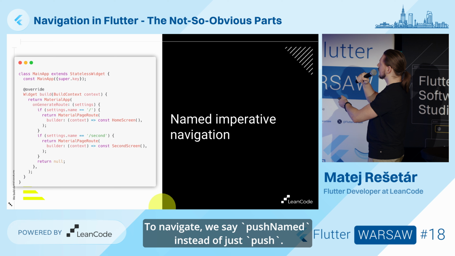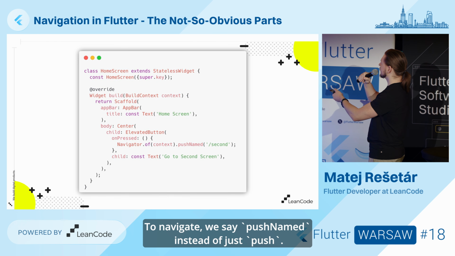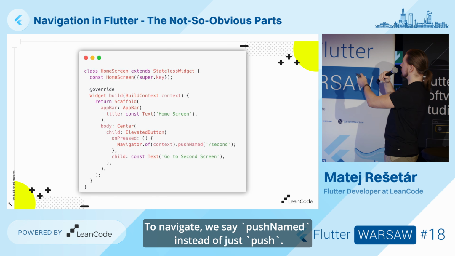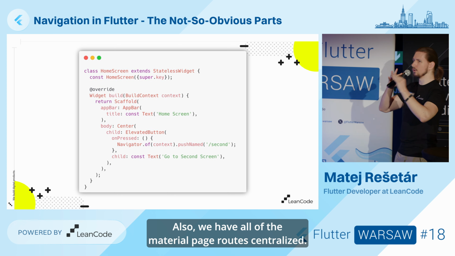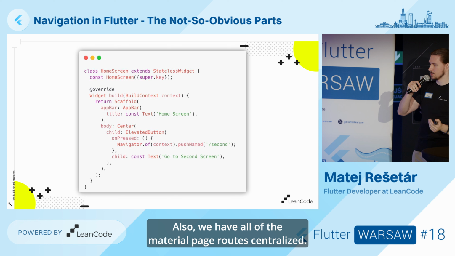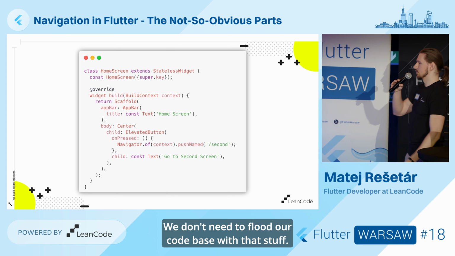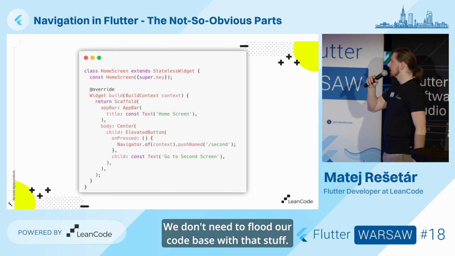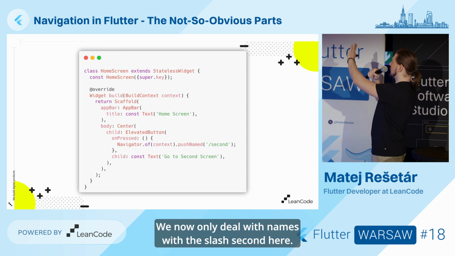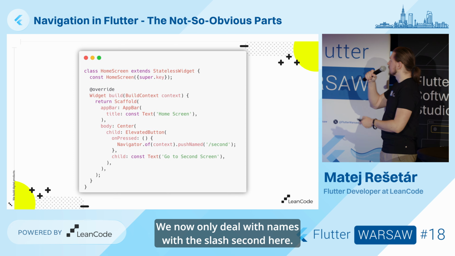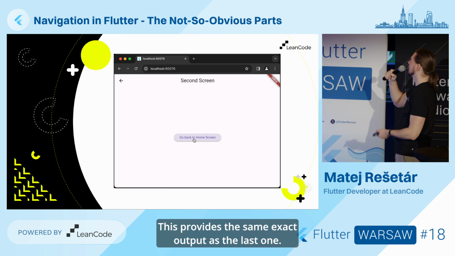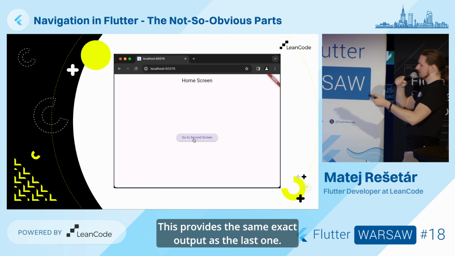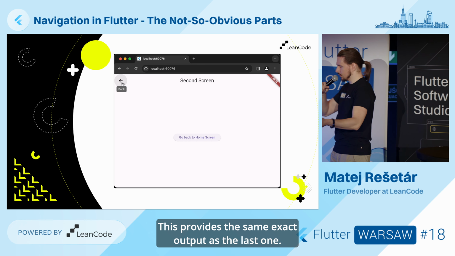So to navigate, we say pushNamed instead of just push. And also we have all of the material page routes centralized. We don't need to flood our code base with that kind of stuff. So we now only deal with names, with the slash second here. So this provides the same exact output as the last one.